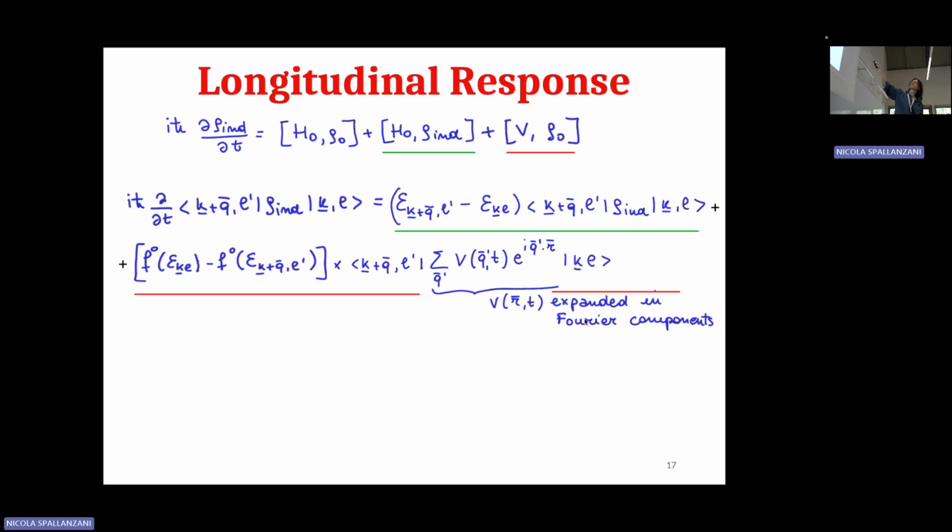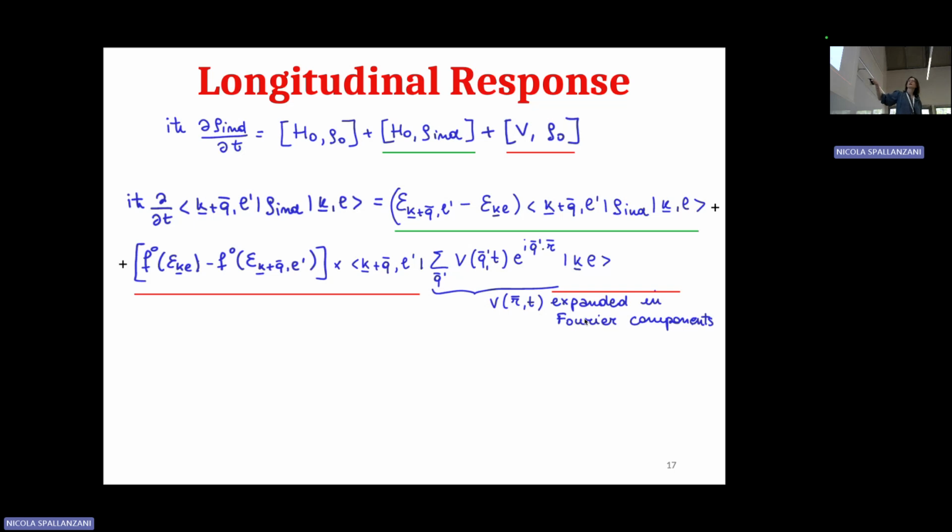For this one, which is underlined in red, we obtain this expression, which is written in terms of the difference of the Fermi functions, that I forgot to say: the Bloch states KL that I use are also eigenstates of the density matrix rho 0, with the Fermi distribution function as eigenvalues, times this matrix element.